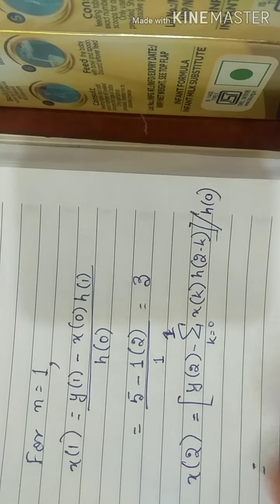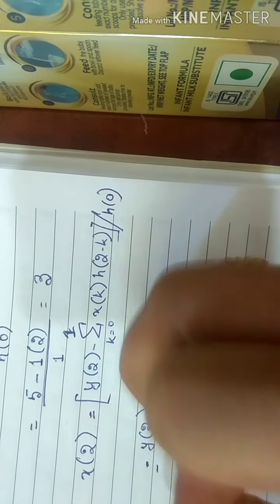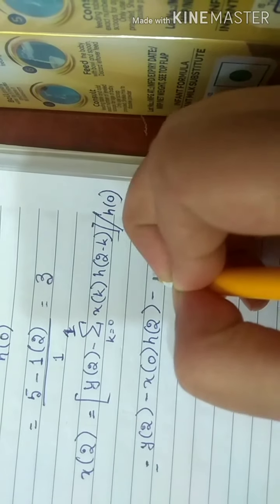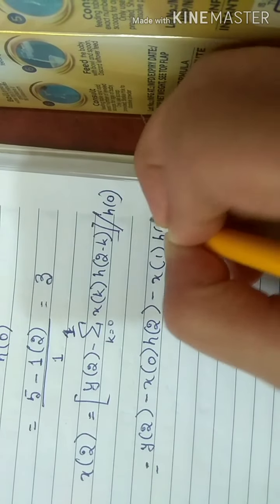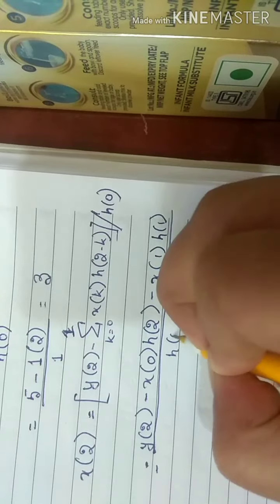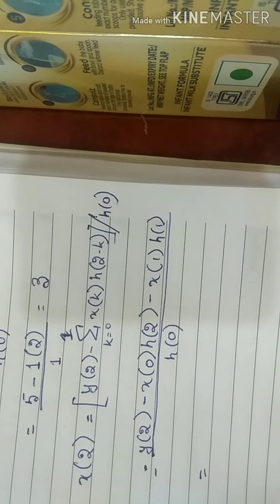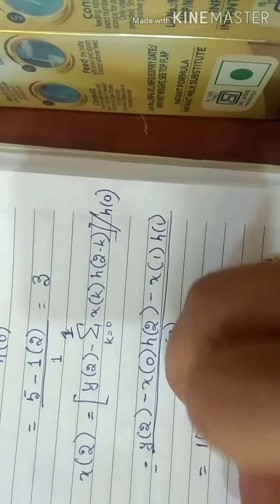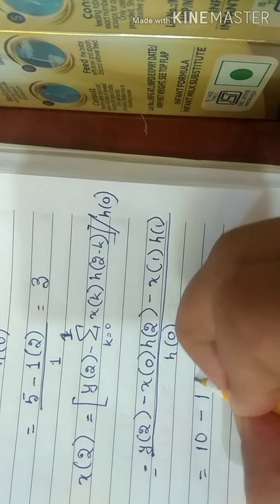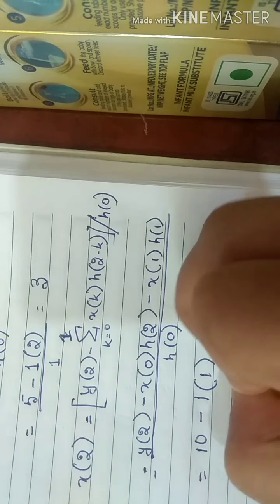When we expand, we can write it as y[2] minus x[0] h[2] minus x[1] h[1], divided by h[0]. What is y[2]? Y[2] is 10. X[0] we have calculated as 1, multiplied with h[2]. H[2] is also 1.